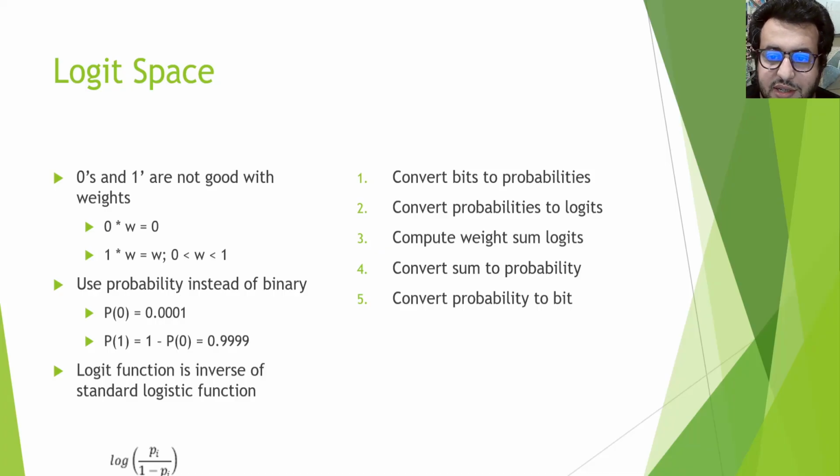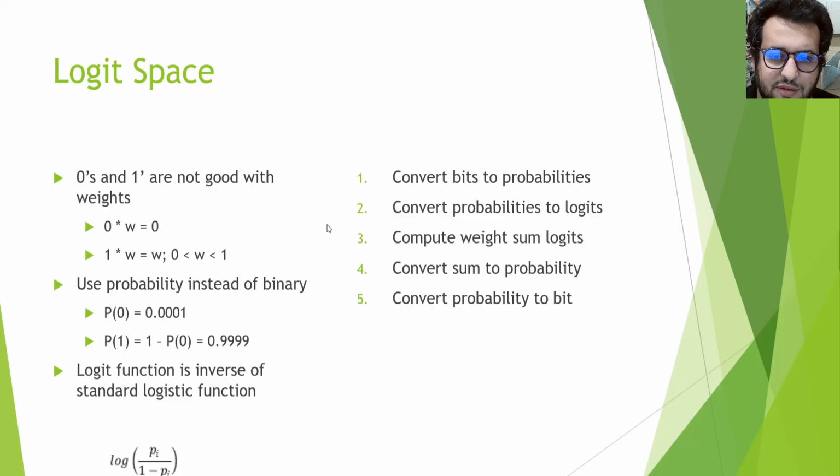The next, so while we're working in this logit space, we're basically using the inverse of the standard logistic function. So we're going to go through these 5 steps of converting the bits to probabilities. We're going to convert the probabilities to logits. We are going to compute the weight sum of those logits.